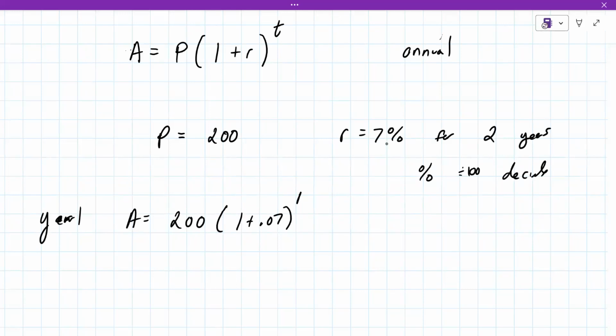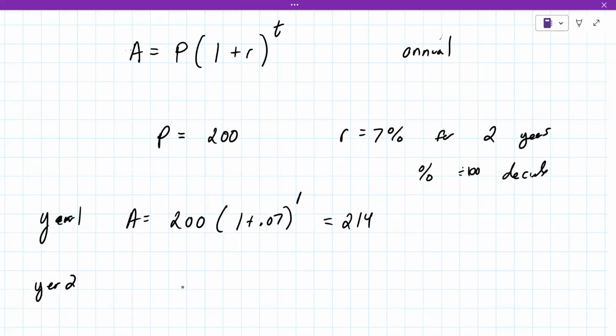All right, so here we go. You have a calculator handy? Can you calculate this for me, please? 214. That's how much you'll have at the end of year one.